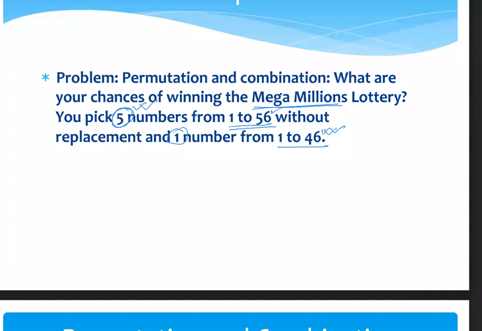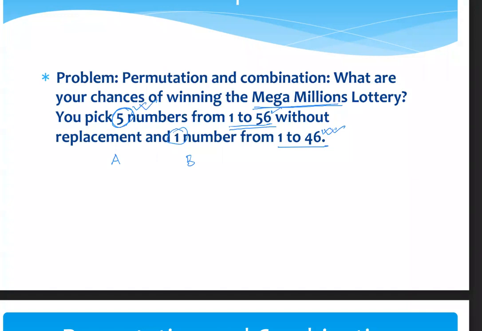Now there are 2 things happening which could be thought of as 2 different events, event A and event B. Event A means you select 5 numbers, and event B, you select the mega number.